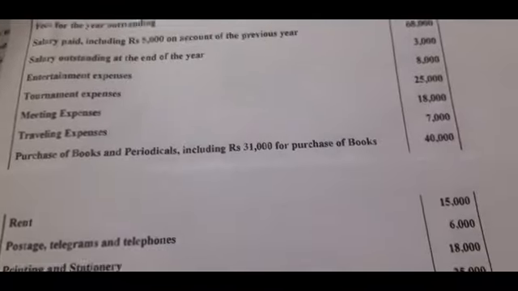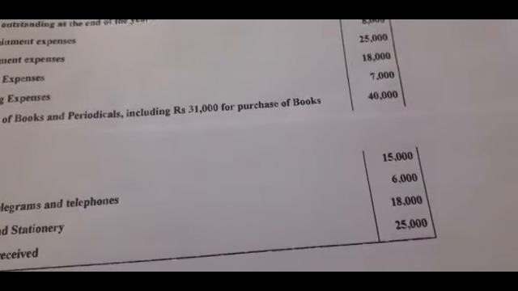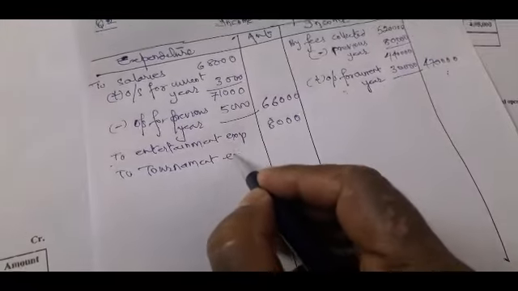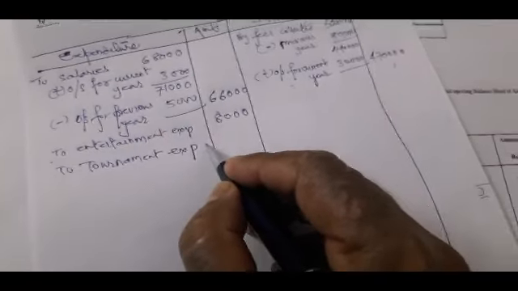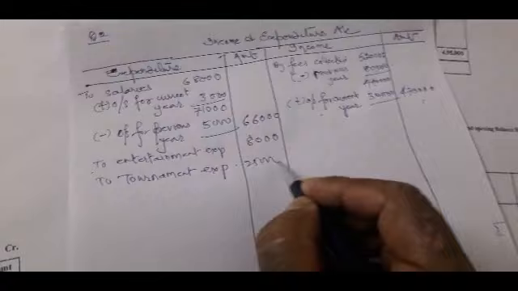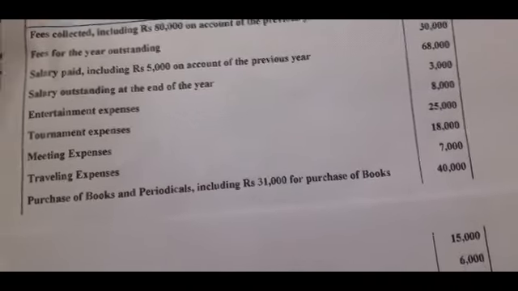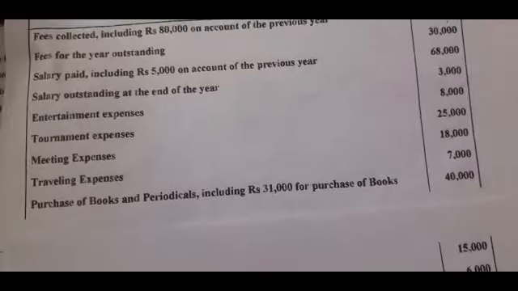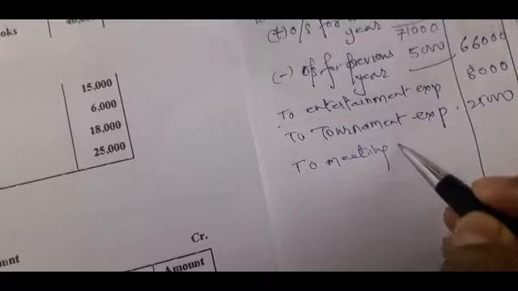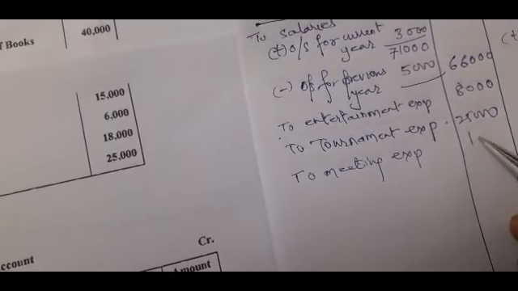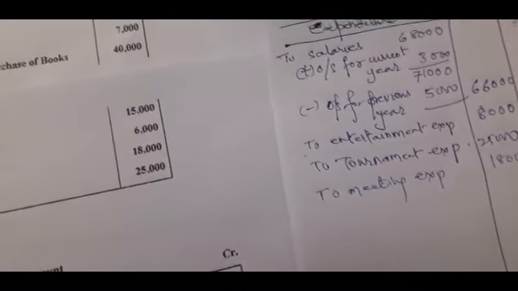Then to tournament expense, 25,000 rupees. Next item is meeting expenses, that is rupees 18,000. So on the expenditure side, to meeting expenses 18,000 rupees.